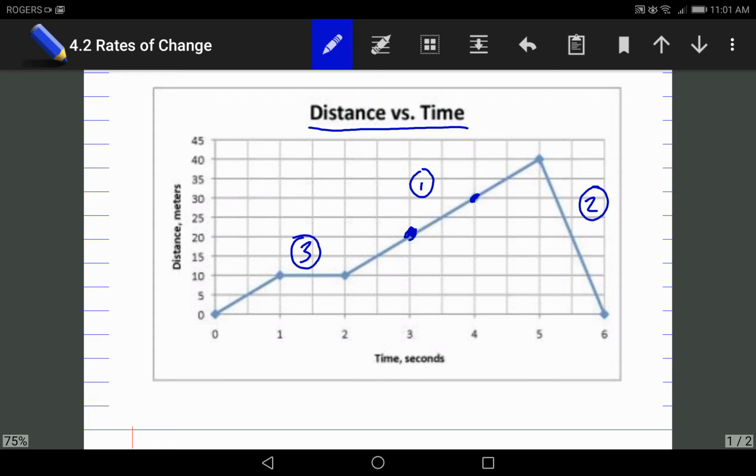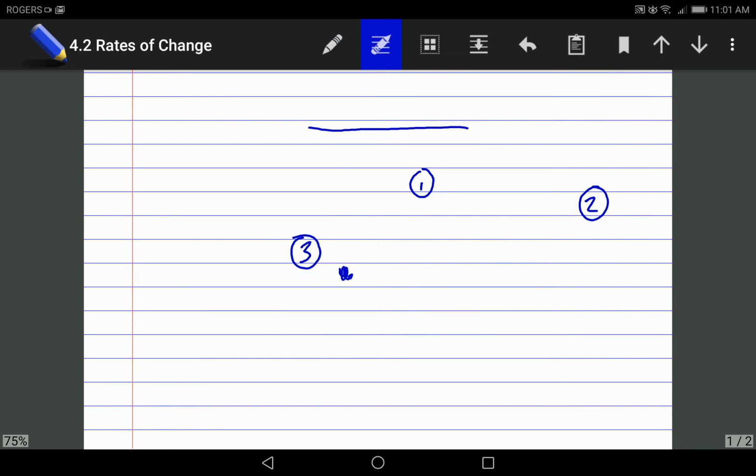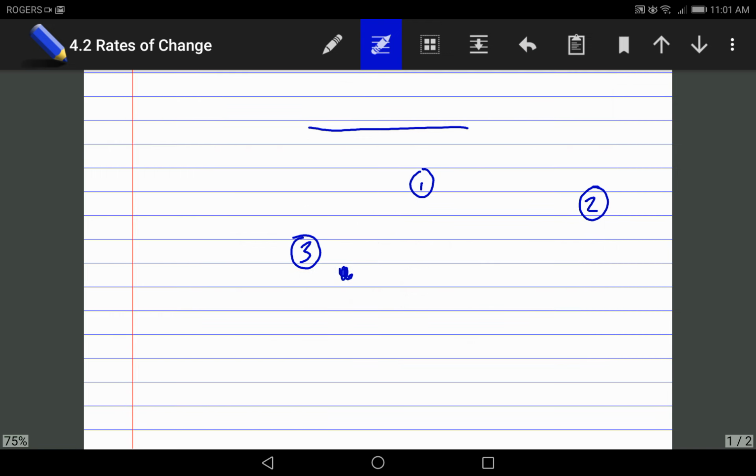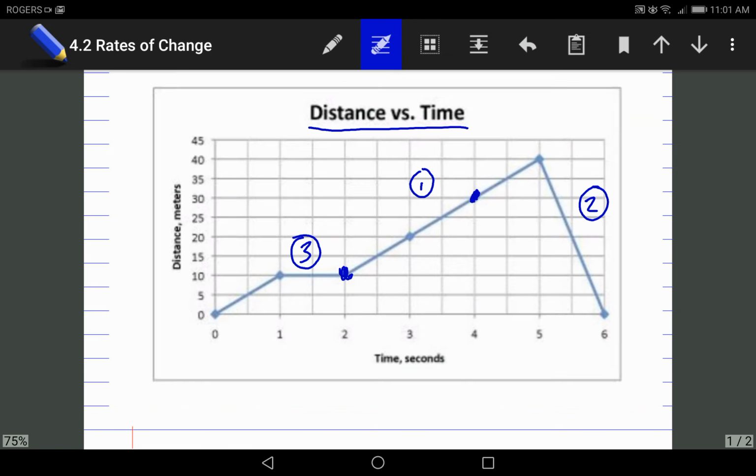So you didn't have to just pick these 2 points. I could have picked this point here, and I could have stayed with this point here, or I could have done this point and this point.